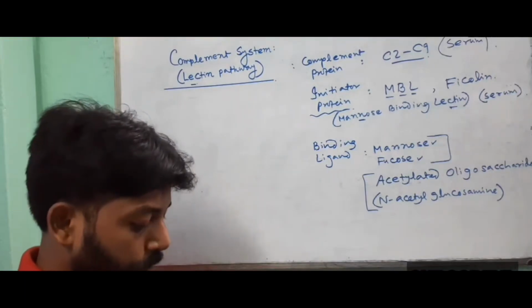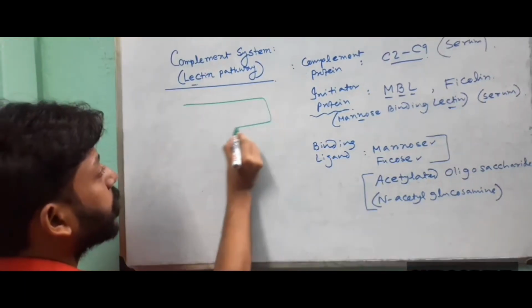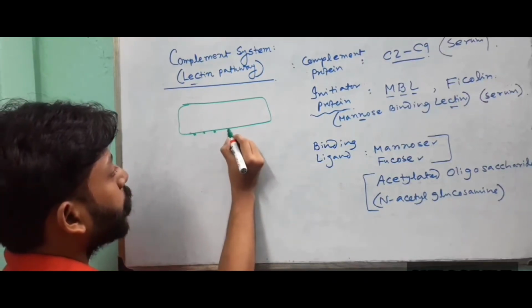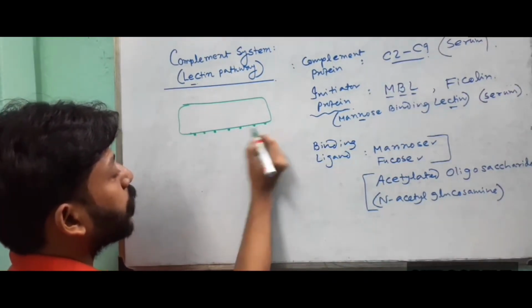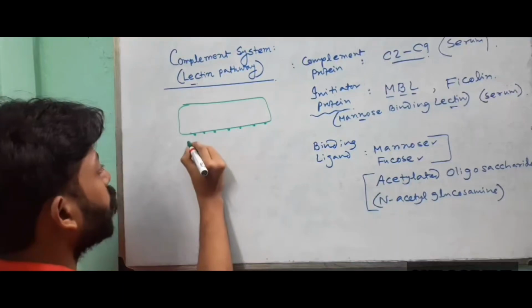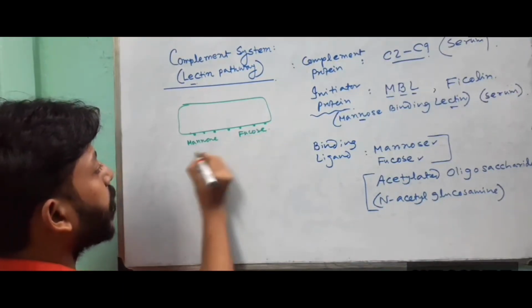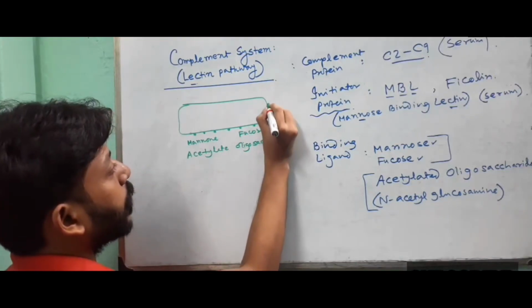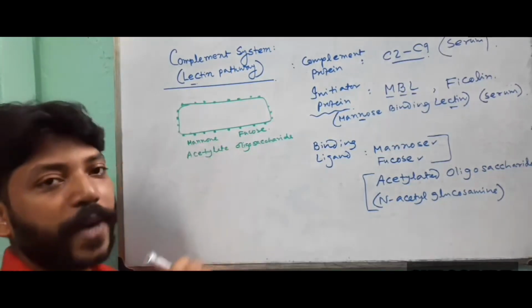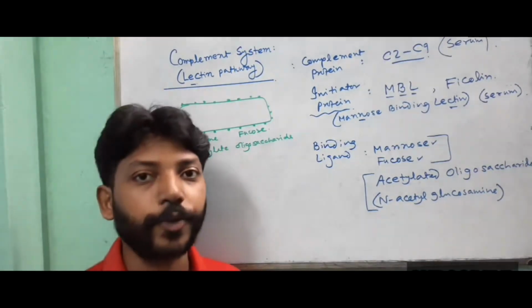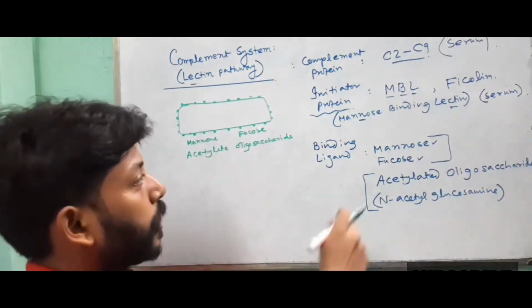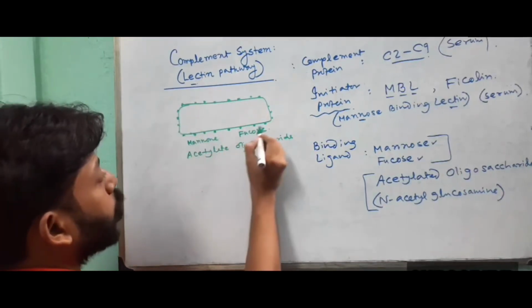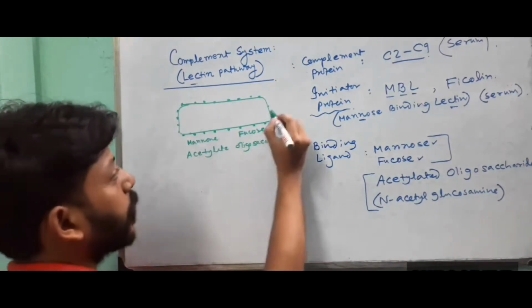If I draw a bacteria, it has a cell wall, and on this cell wall are mannose, fucose and acetylated oligosaccharide. If any bacteria enter our bloodstream, the blood serum proteins MBL and ficolin can recognize the cell wall mannose, fucose and acetylated oligosaccharide, so they can bind.